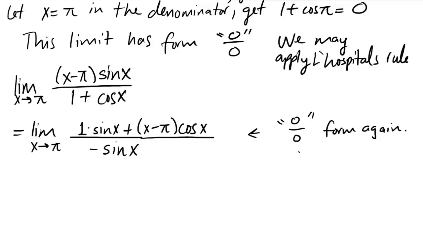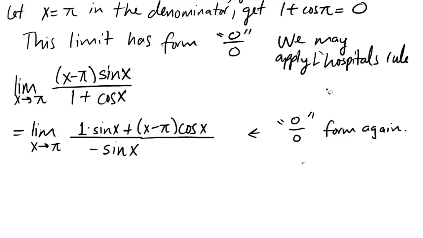Sine of pi is 0, and pi minus pi is 0, so we have 0 plus 0 on the top, and the bottom is sine pi, which is also 0. So we do have the 0 over 0 form again, so we may apply L'Hopital's rule one more time, right?